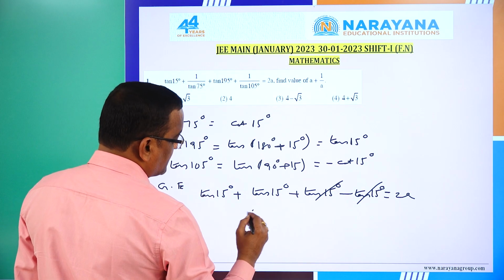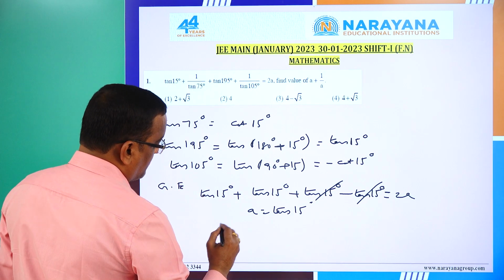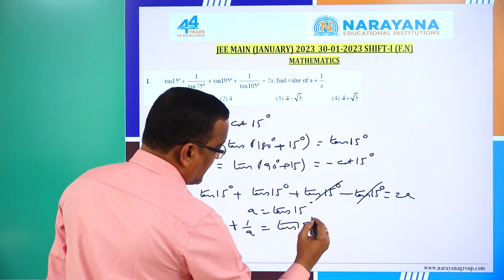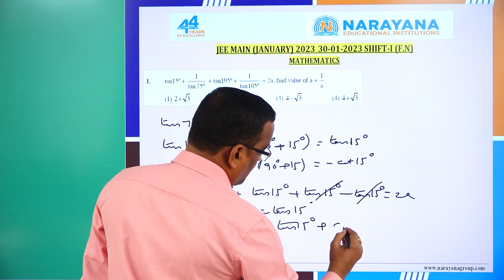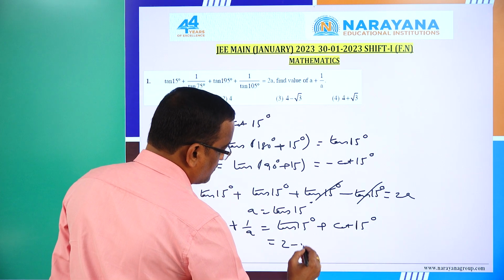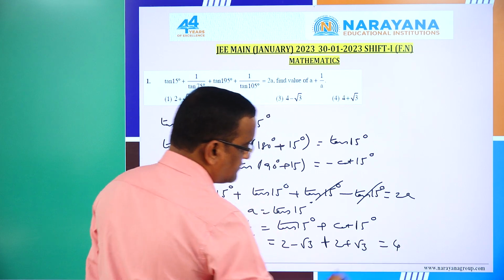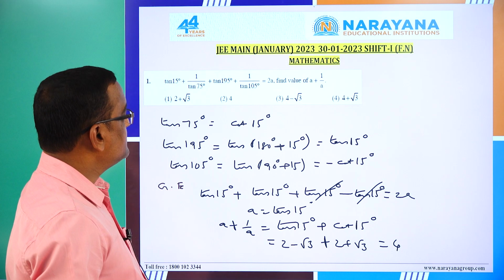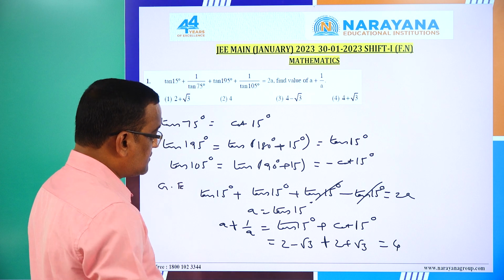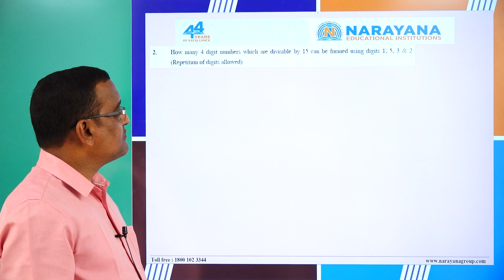So from this we get a is equal to tan 15. Now a plus 1 by a, that is tan 15 plus 1 by a is cot 15, and tan 15 is 2 minus root 3, and cot 15 is 2 plus root 3, that is 4. That is the second option.